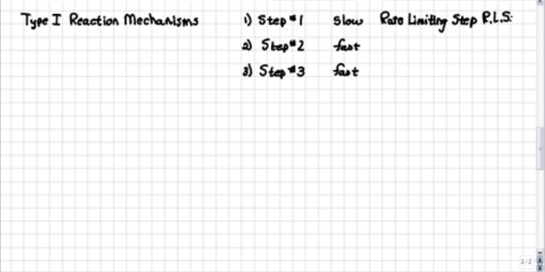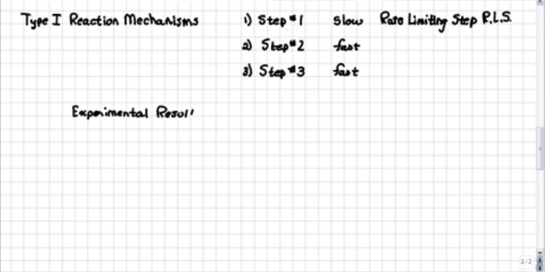And in a type 1 reaction mechanism, the slowest step is the first step, followed by fast steps subsequently. Now, let's have a look at an actual reaction that has a mechanism going on behind the scenes. All right, I'm going to call this the experimental result. This is part of our example.